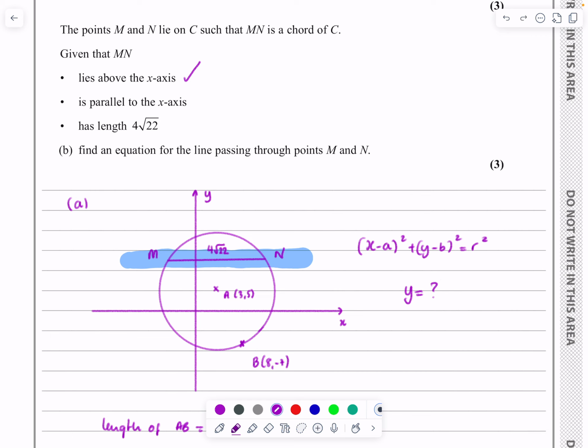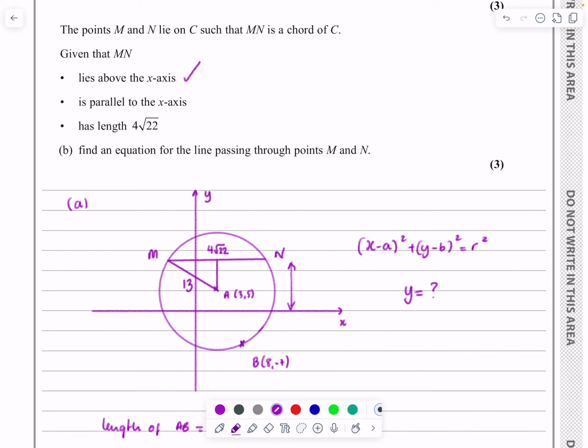What that really means then is, again, it's telling me what I need to do here. What I need to do is to work out what this height is, because if I can work out this height, if it works out to be 10, then the equation is y = 10. How am I going to find that then? Well, I'm going to look at this diagram here, and I'm going to turn it into a right angle triangle, where one of the things I know is the radius of the circle, so I know that's equal to 13.